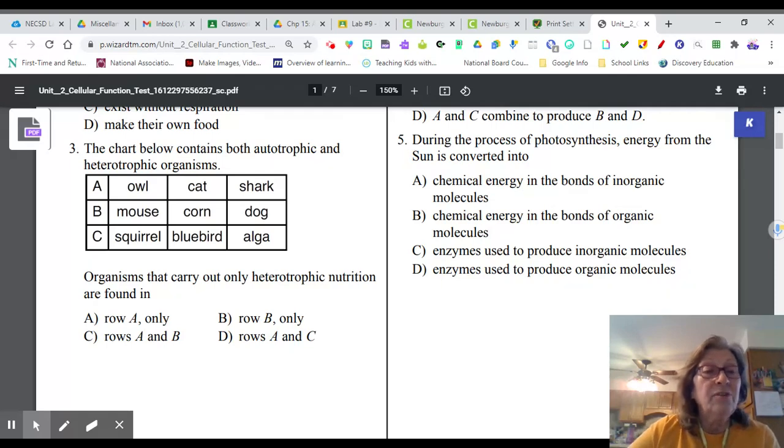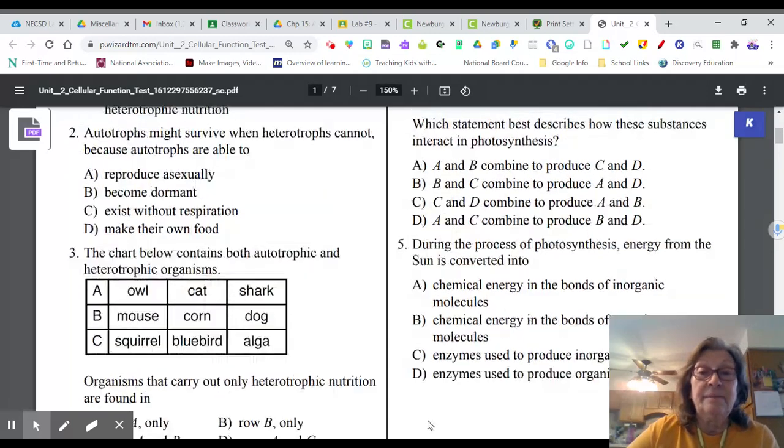Row C reads across squirrel, bluebird, alga. Organisms that carry out only heterotrophic nutrition are found in A, row A only, B, row B only, C, rows A and B, or D, rows A and C.